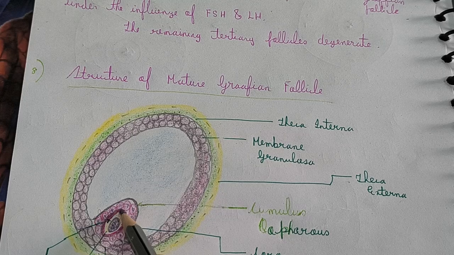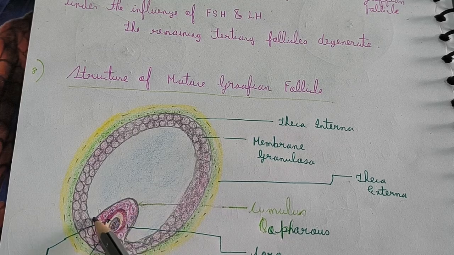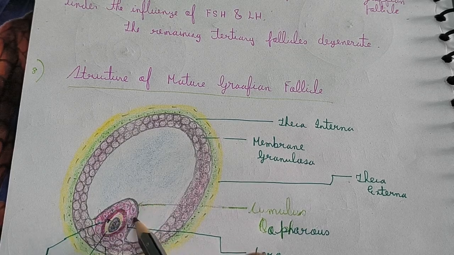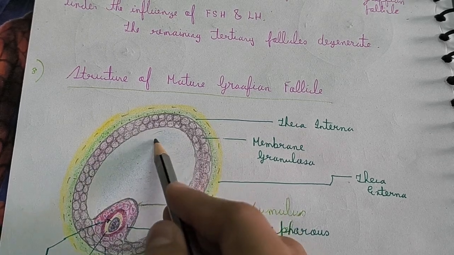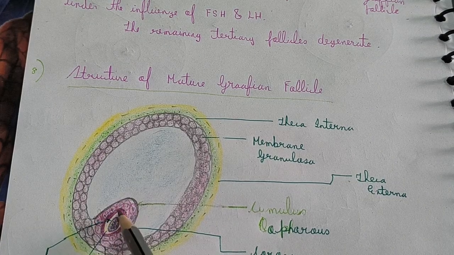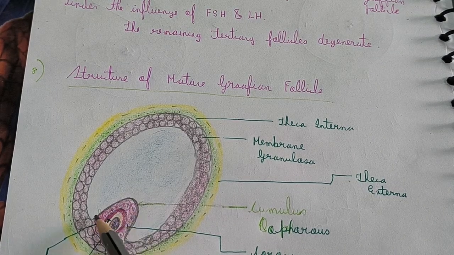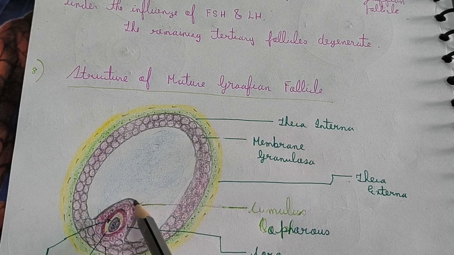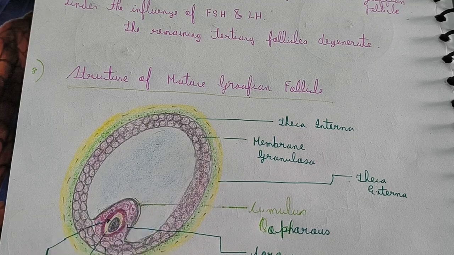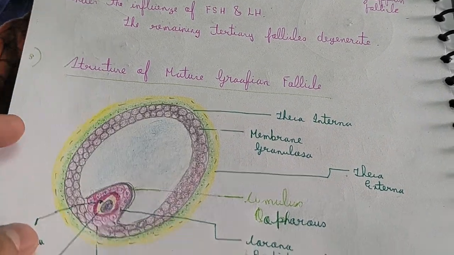Now you can see that this oocyte projects into the antrum. Basically this cavity is the antrum, and the projection of this oocyte, zona pellucida and corona radiata cells into the antrum is known as cumulus oophorus.